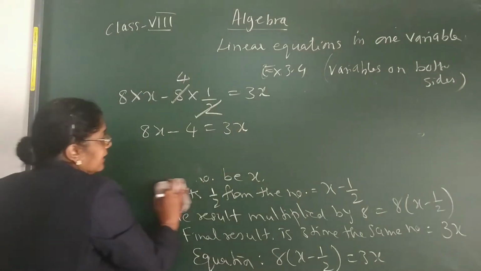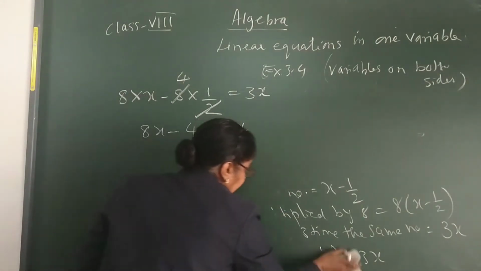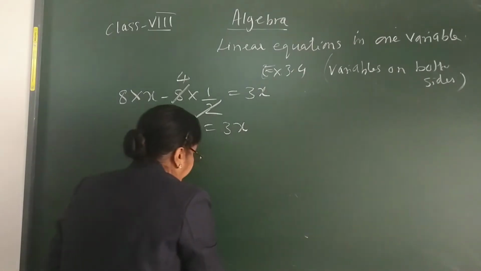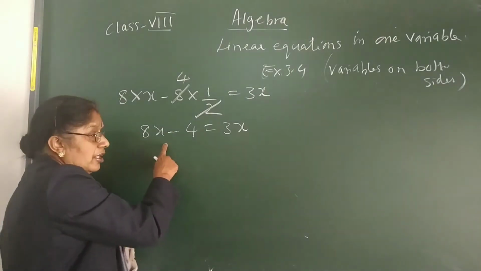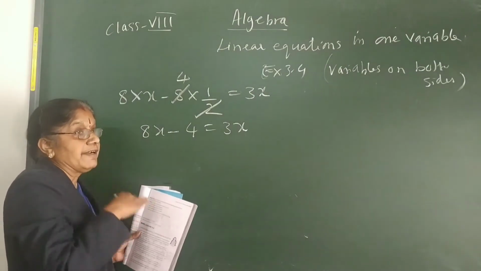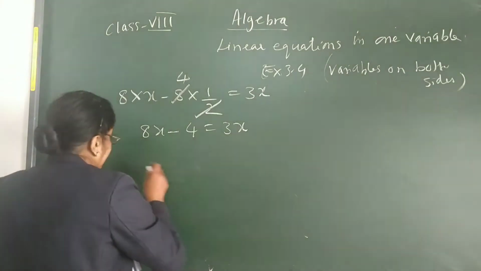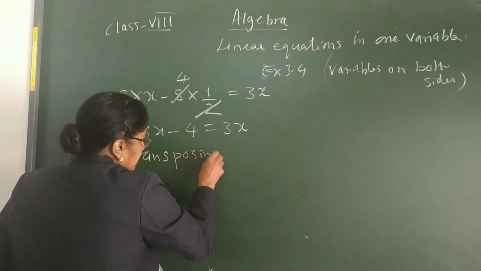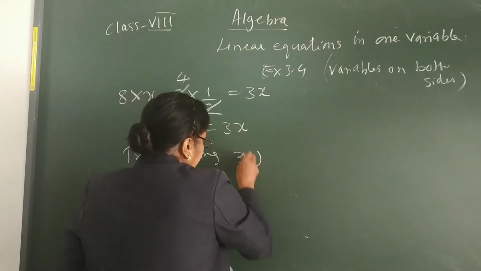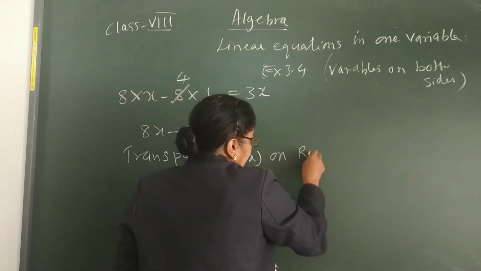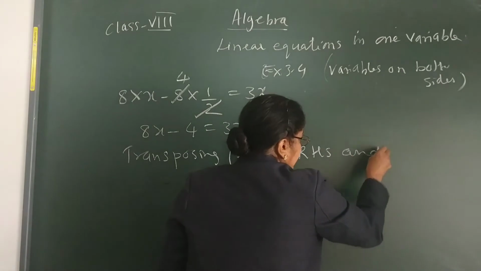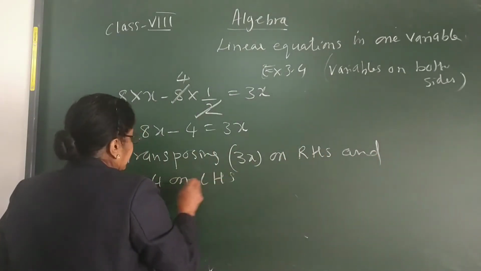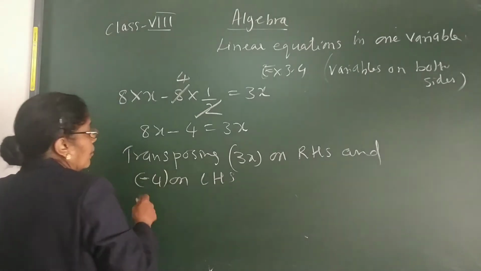Here 3x is on the right hand side, and the constant is on the left hand side. So we have to transpose 3x to the LHS and 4 to the RHS, that is, 3x on the left hand side and minus 4 on the right hand side.